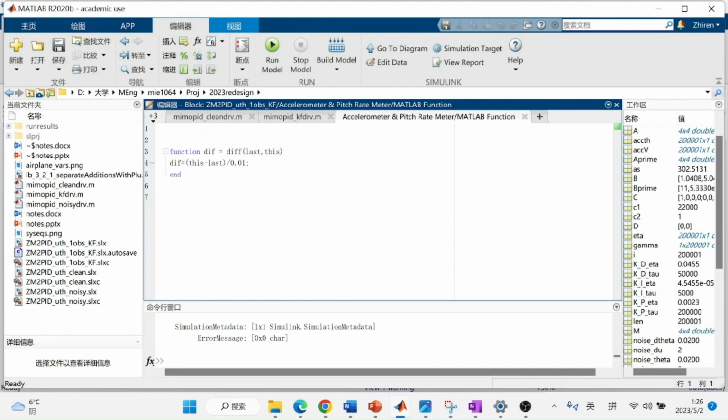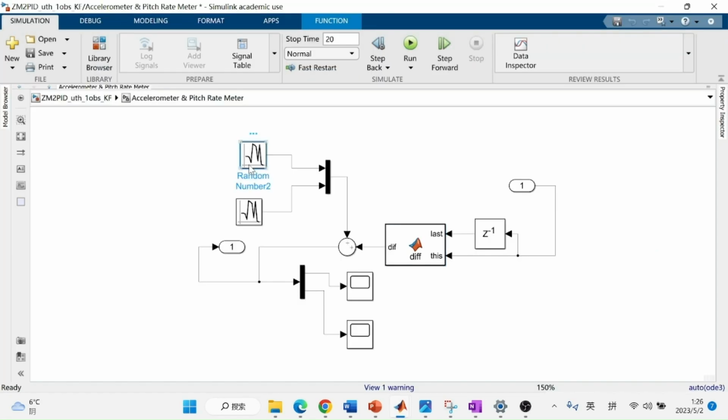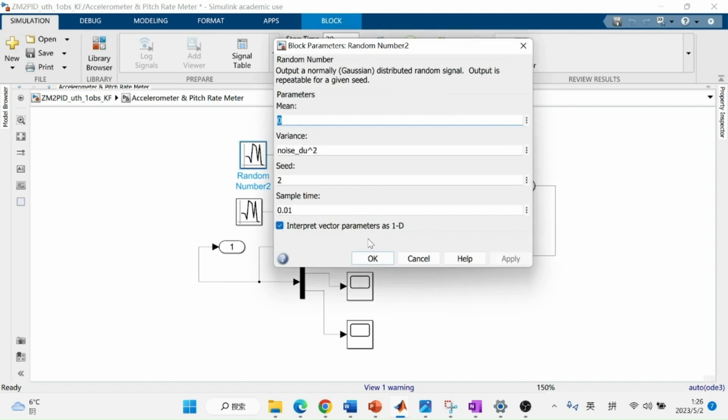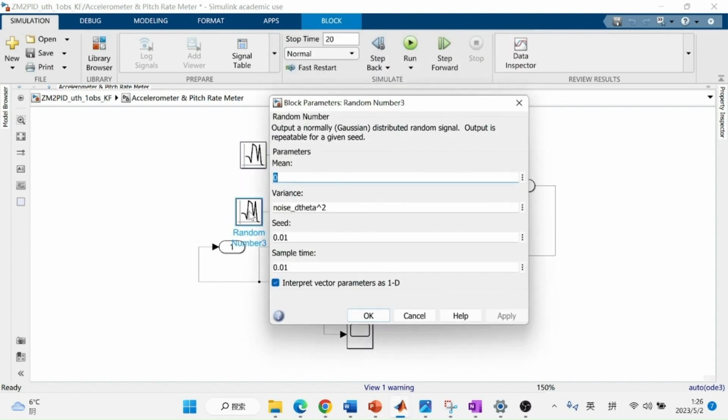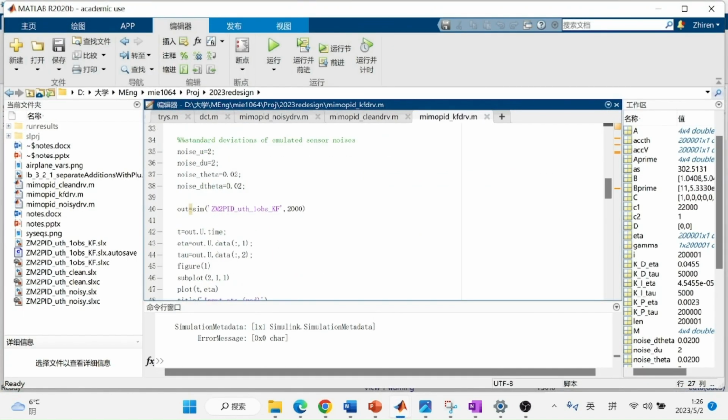It's basically the axial speed and the pitch angle at this state minus those at the last state, then divided by the sampling time. This is the sampling time, 0.01 seconds. And certainly, we also add some noise to those measurements. You might wonder what these noise values are.